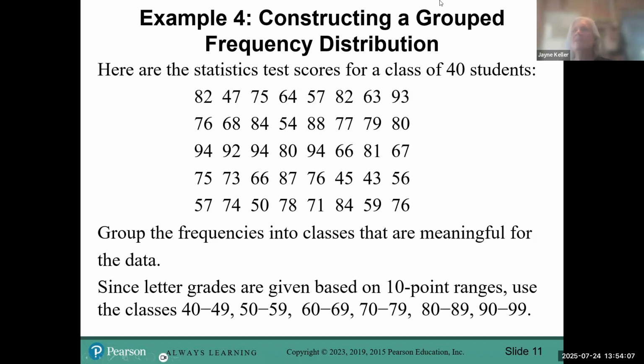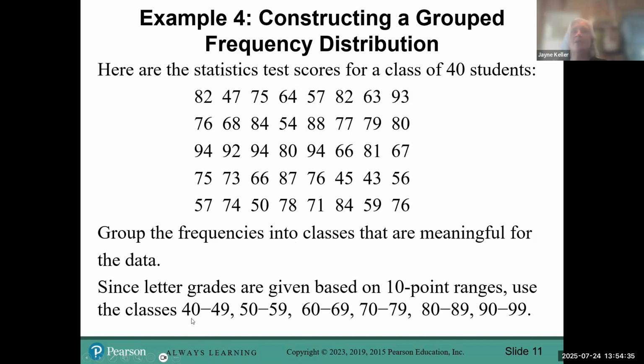But here, it looks like we've got a low score in the 40s and a high score in the 90s. So if I had to list 47, 48, all the way up to 94, and then some of them I'm not even going to have any scores in that value. So sometimes it makes more sense to make classes or ranges of data that they fall into.